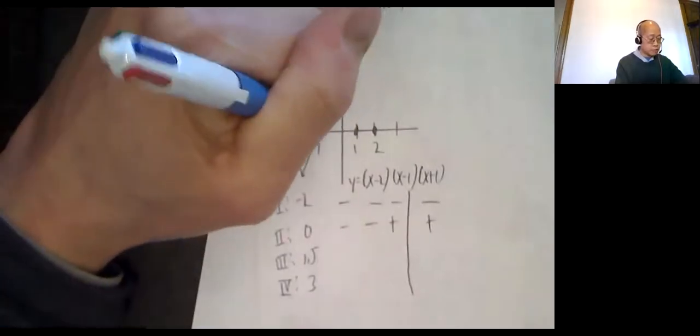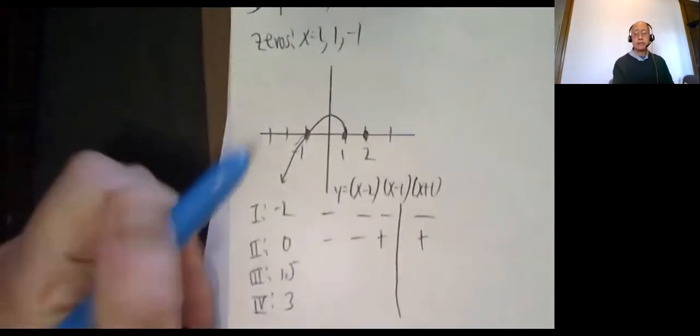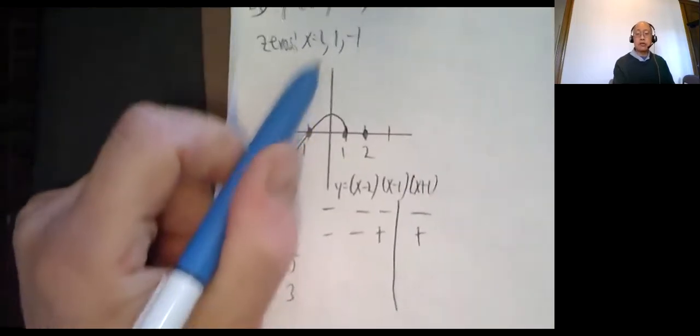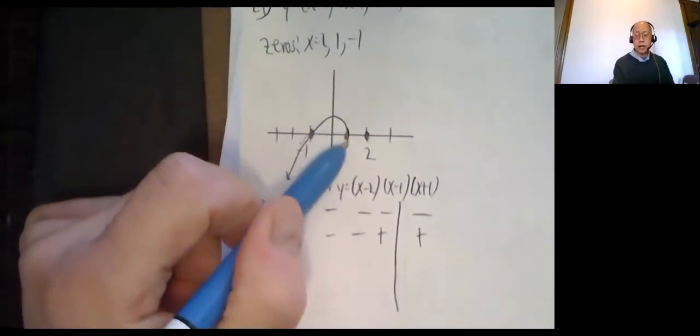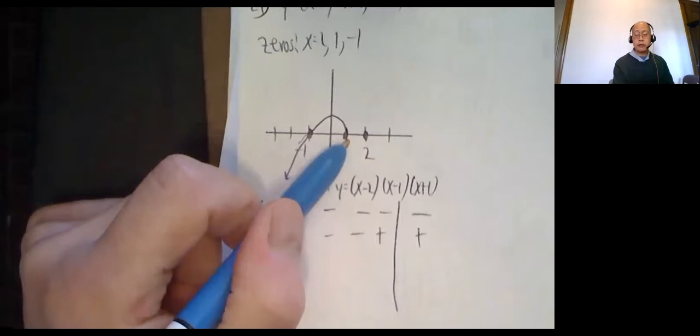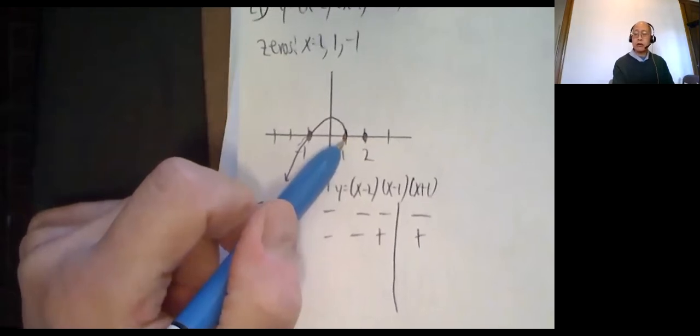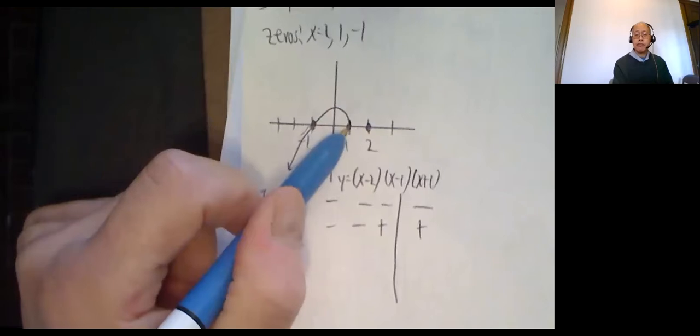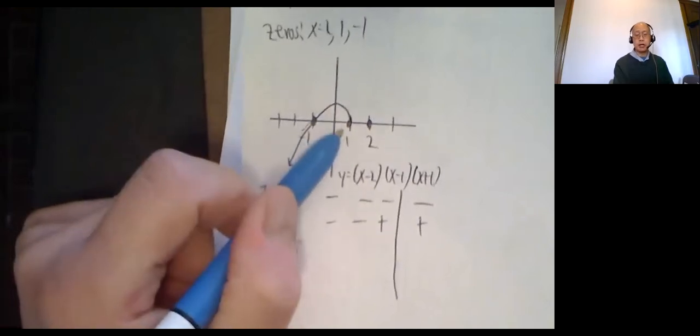So it goes up and then comes down. Get the idea? Now, I don't really know how high it goes up. Maybe it goes way up here and comes down. Right now, we aren't able to determine that.